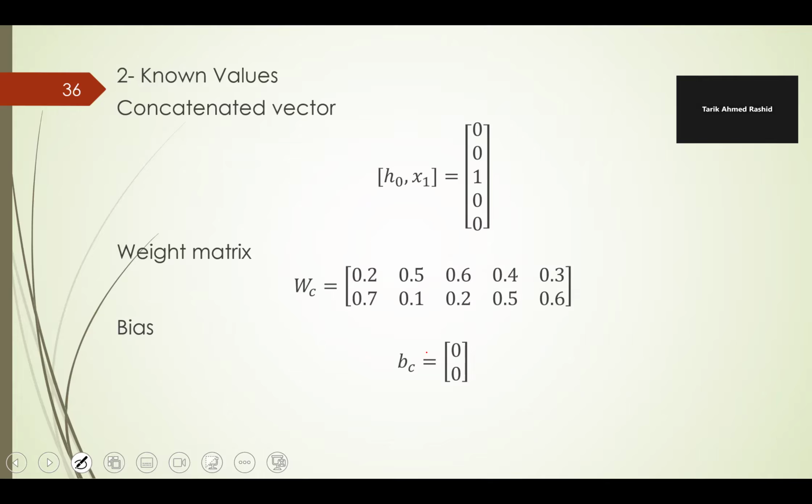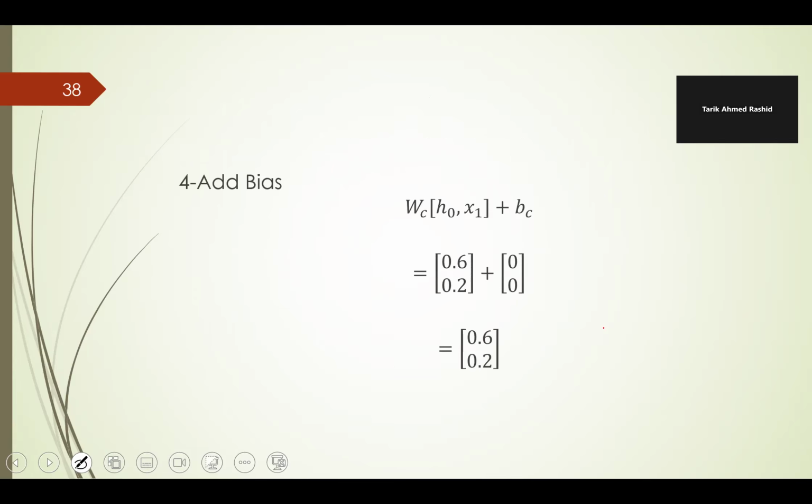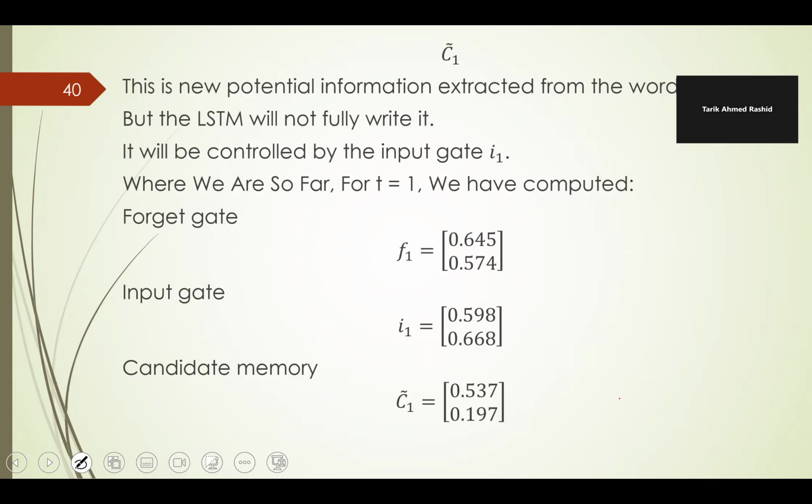Now, again, this is the concatenated input, and that is the weight matrix for the candidate memory. And here we multiply it, and we will get the result with the tanh. And so the result will be this one.